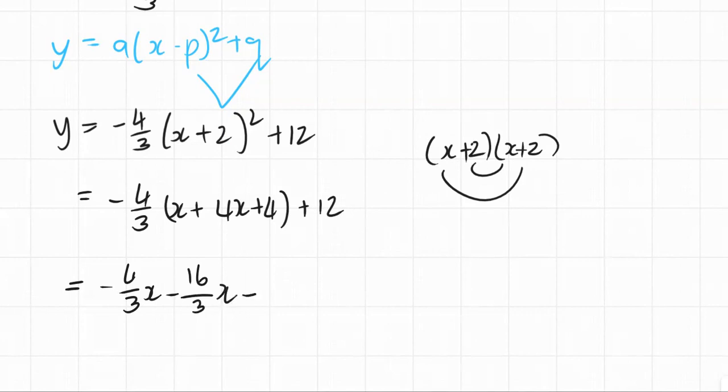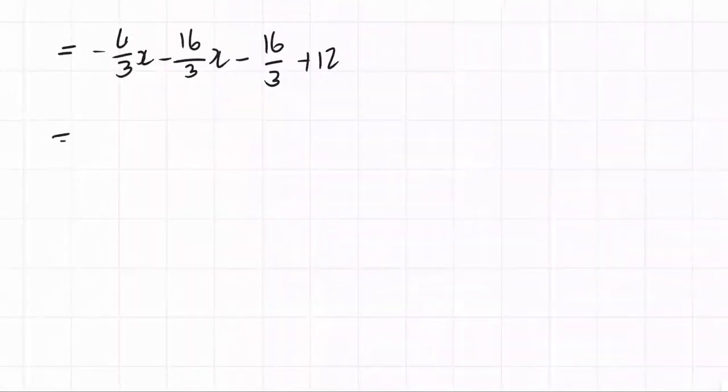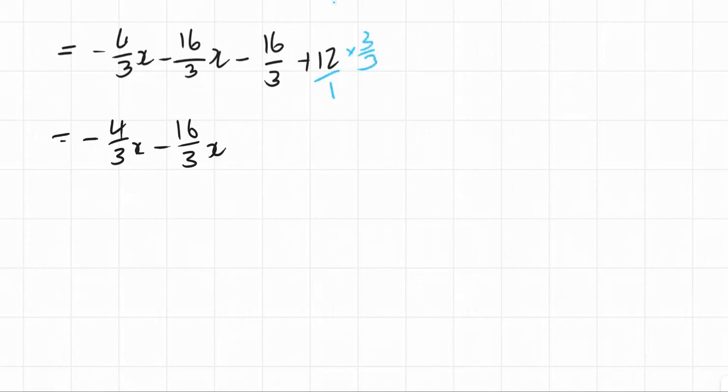And then it's negative 4 times 4 is 16 over 3 plus 12. For the constants, we probably need a common denominator. We're almost there. Common denominator of 3. So 12 times 3 over 3, 12 over 1. 3 times 12 is 36.